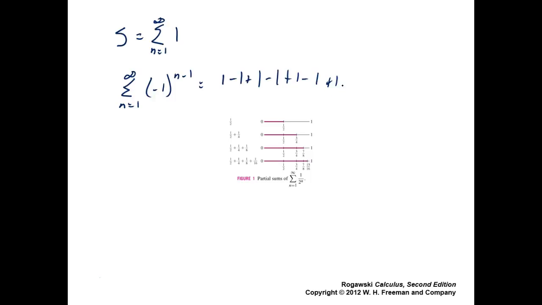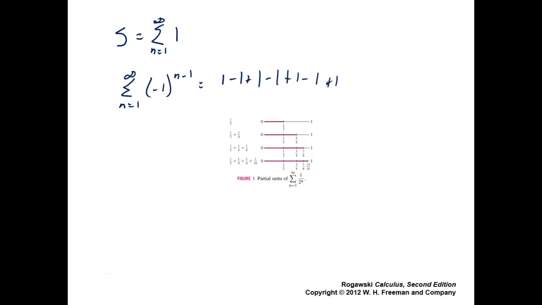Now, certainly that sequence, 1, minus 1, 1, minus 1, is a sequence that doesn't converge. It doesn't diverge to infinity, but it doesn't converge. How about the sum? What does that do? The first partial sum is 1. Second partial sum is 0. 1, 0, 1, 0, 1, 0, 1, 0.